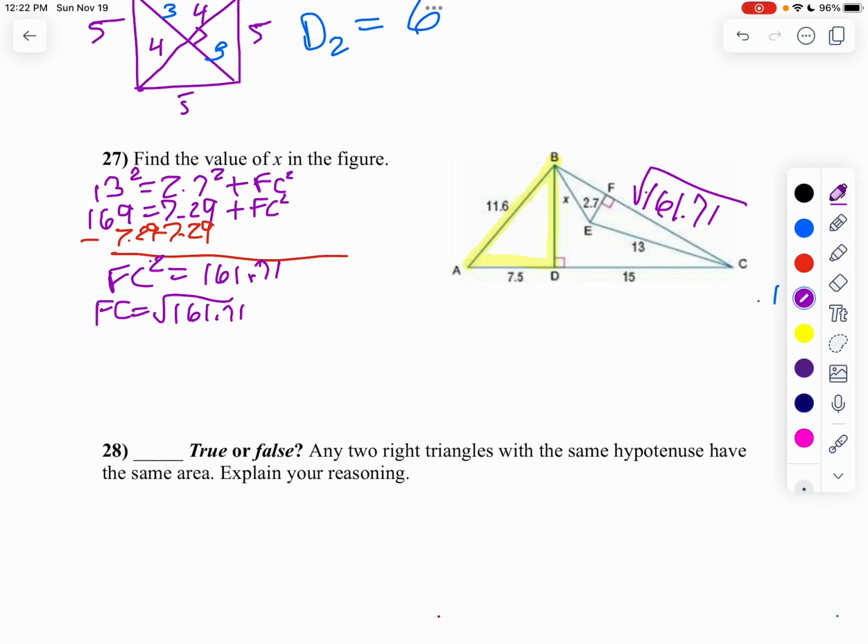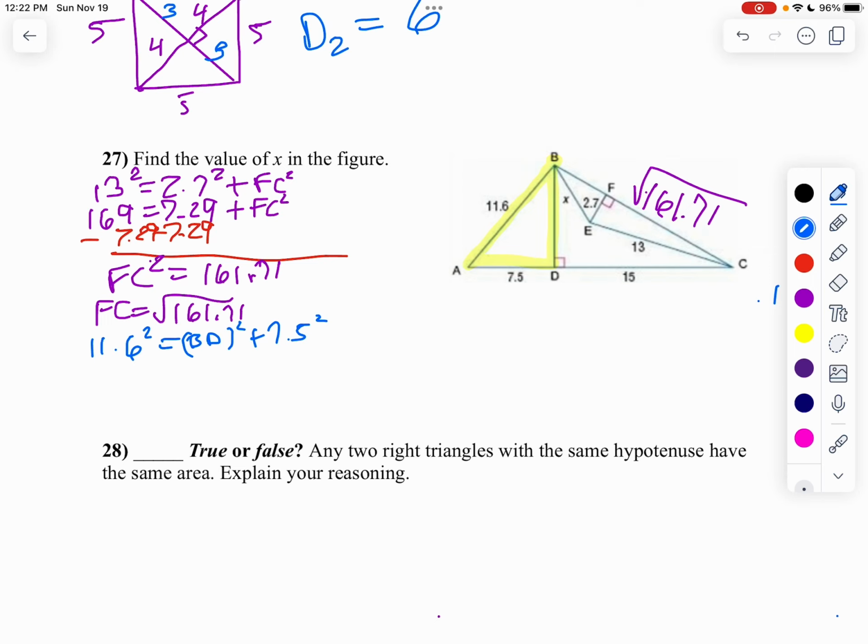So on that one, I know my hypotenuse is 11.6. So 11.6 squared equals BD squared plus 7.5 squared. And now we're going to simplify and solve that one.